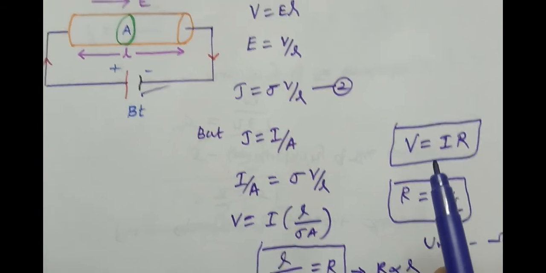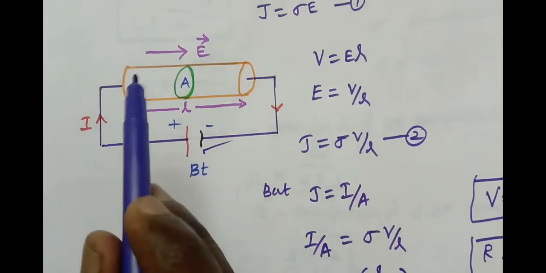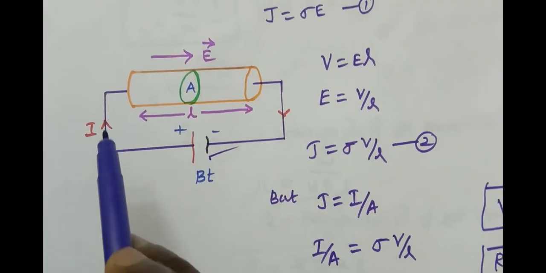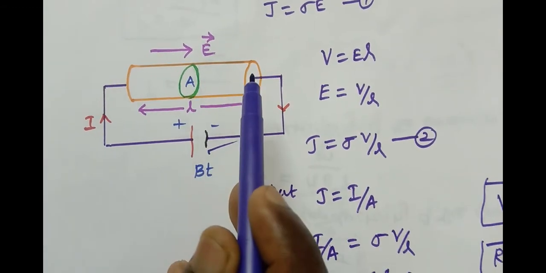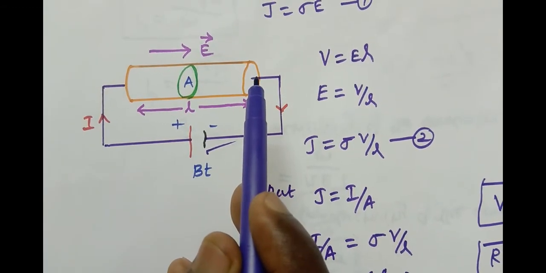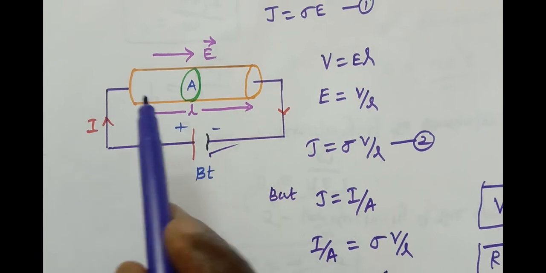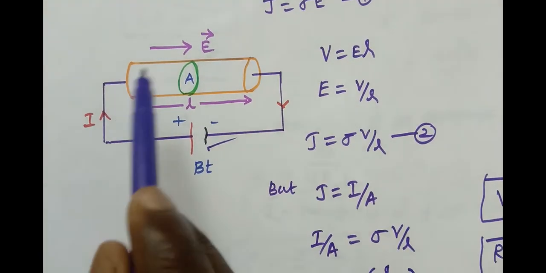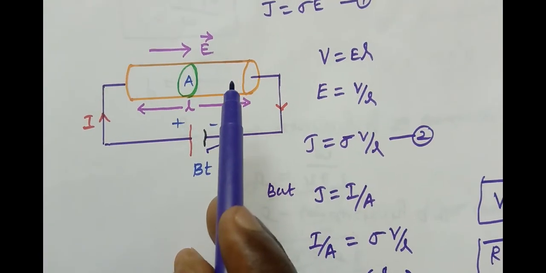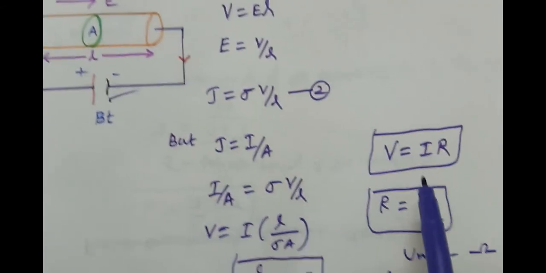So now listen to it. The temperature is constant, the current flowing through the conductor and the potential difference across the conductor. This is Ohm's law, V = IR.